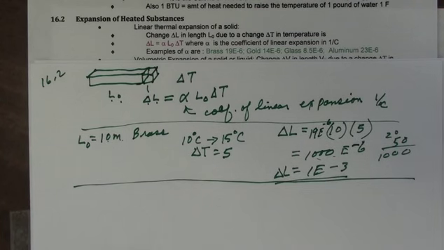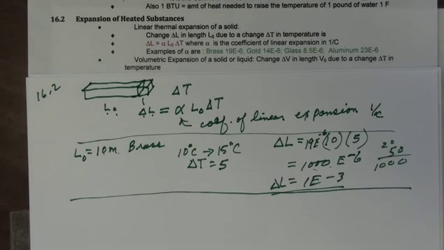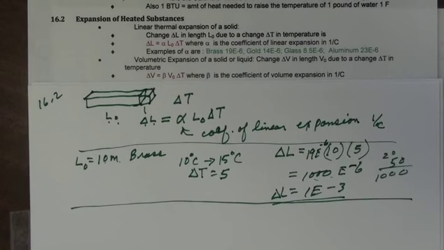Now the next type of problem that you might have would be to look at how a solid or a liquid might change in volume due to a change in temperature. We have a similar equation there for how the whole volume expands.